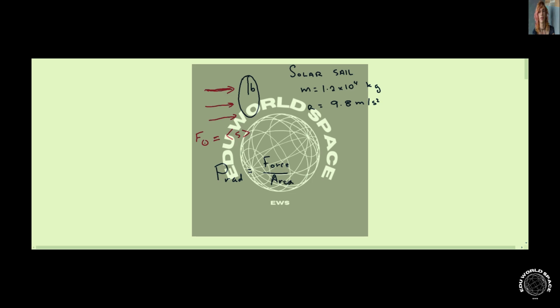And it is, of course, using Newton's second law, the force that will propel the sail. So that force coming from the pressure is equal to the mass of the sail times its acceleration.